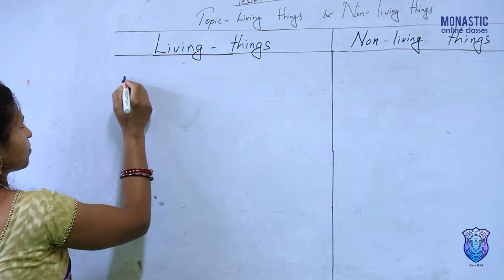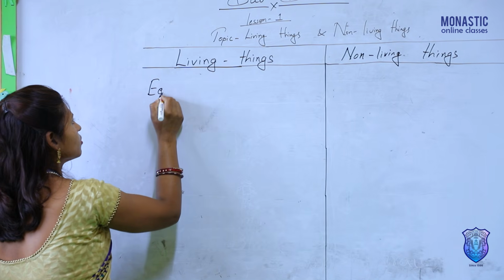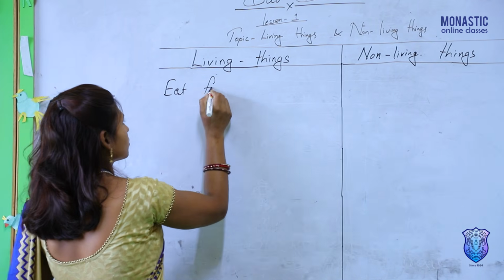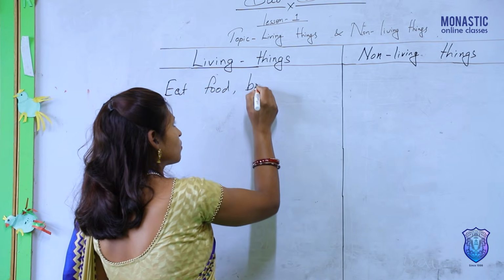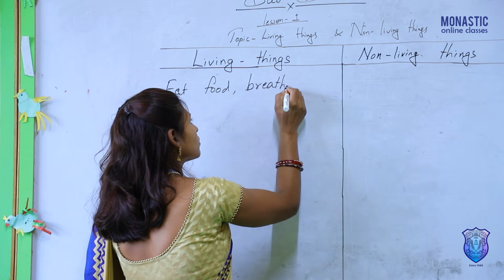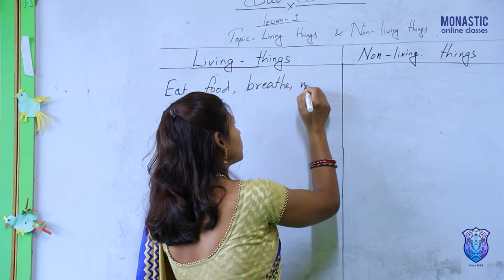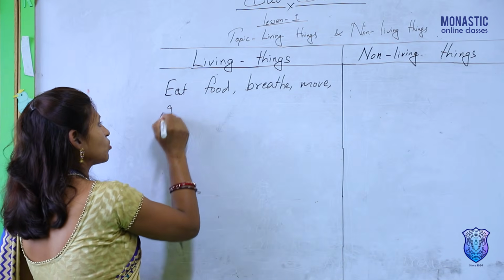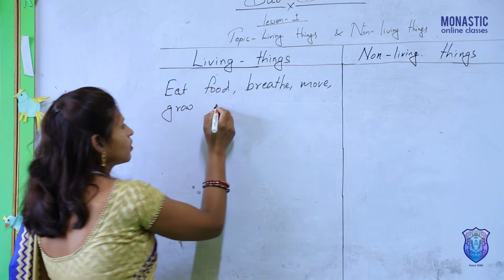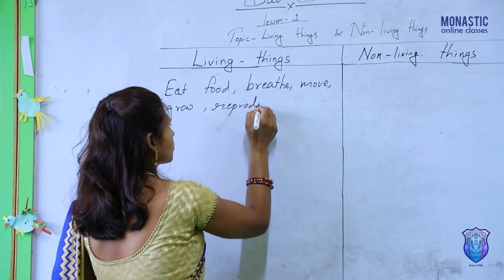Living things eat food, can breathe, can move on their own, can grow, and also they can reproduce.